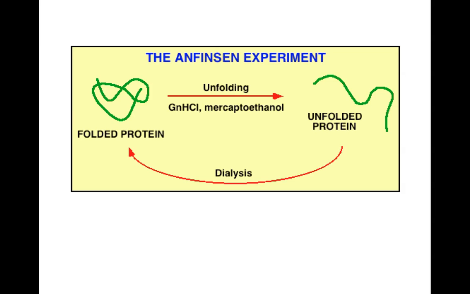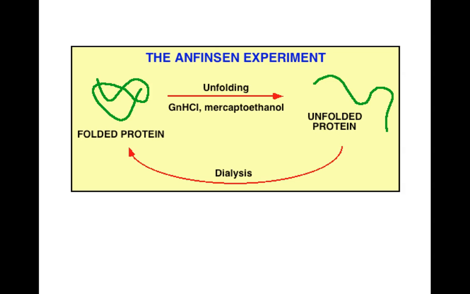And as soon as you remove all the denaturing agents, what will happen is that the unfolded protein, remember the primary structure was never interfered with, the primary structure remained intact. And the primary structure contains all the information for the protein to fold into its tertiary structure. So what Anfinsen observed is that once he removed the guanidinium hydrogen chloride and the beta mercaptoethanol, it was no longer present to denature the protein.